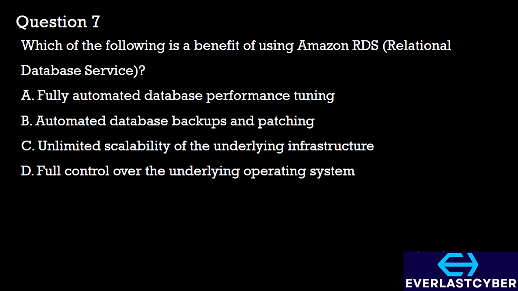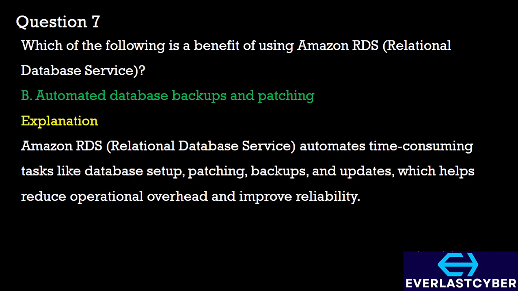For option D, Amazon RDS manages the operating system for you, and users do not have full control over it. This is to simplify the management and enhance the security. However, with respect to the question here, the key benefit of using Amazon RDS is option B, to automate database backups and patching, and this will in turn simplify database management.